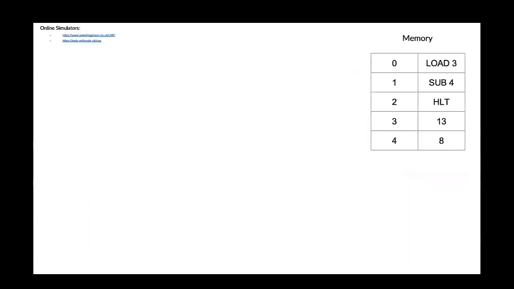So to get started, let's have some agreements. On the right side of your screen, you can see a couple of data. Let's consider it as a RAM that contains some data.